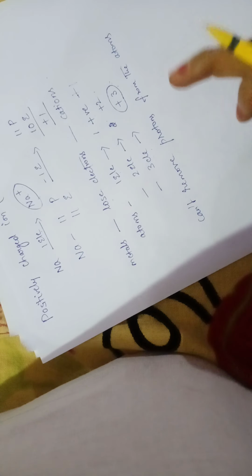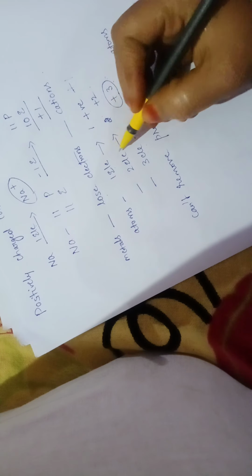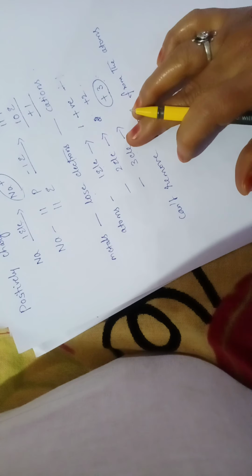The only thing we can remove from the atoms is electrons, and that too only up to 3. More than 3 electrons we cannot remove from the atoms. Clear? This is about positively charged ions.